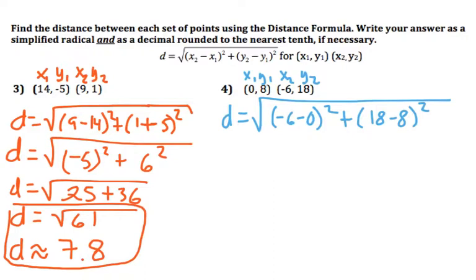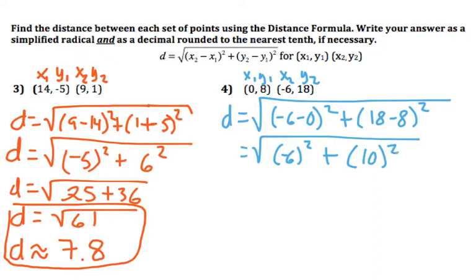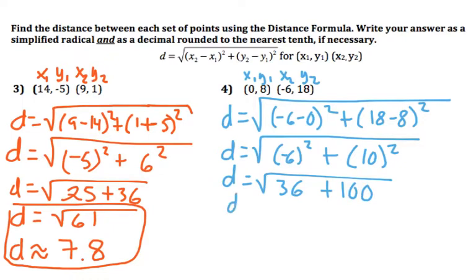Negative 6 minus 0 squared simplifies to negative 6 squared, plus 18 minus 8, which is 10 squared. So the distance is the square root of 36 plus 100, which is the square root of 136.